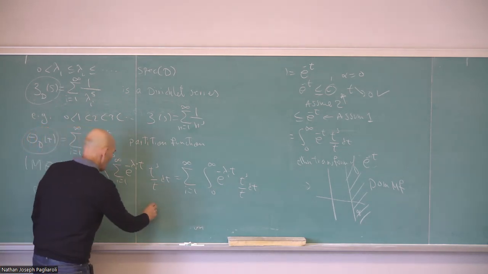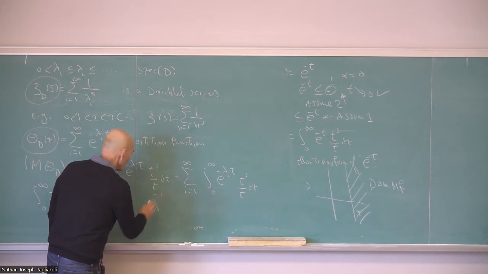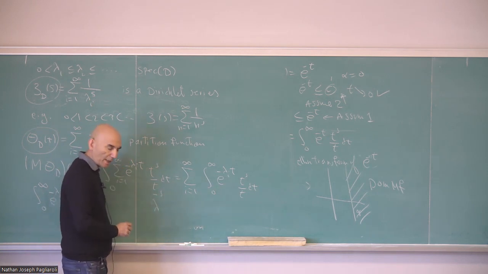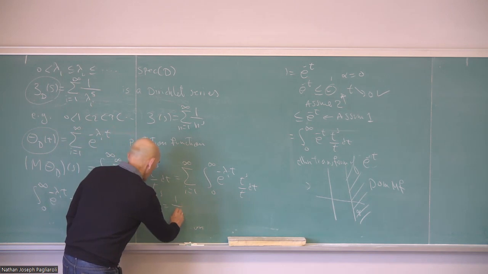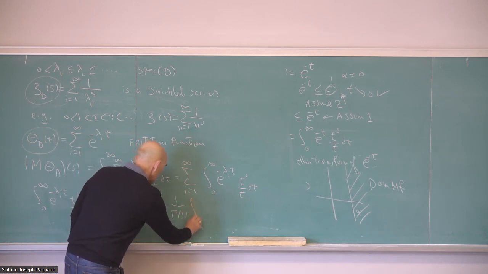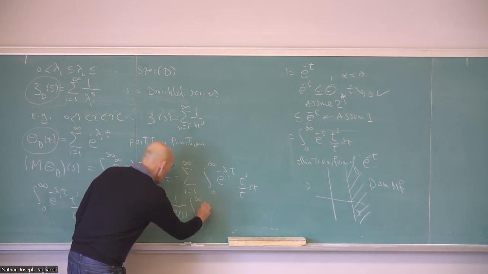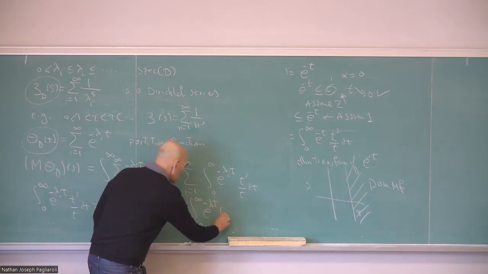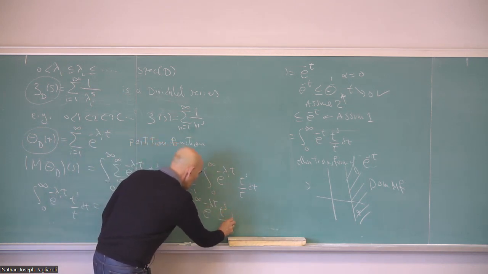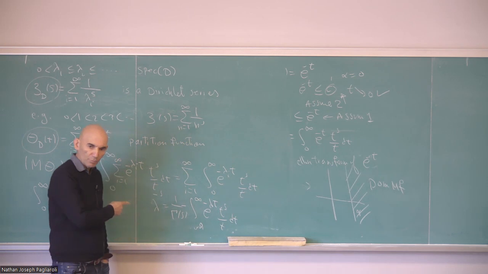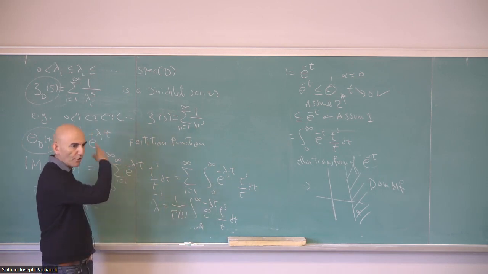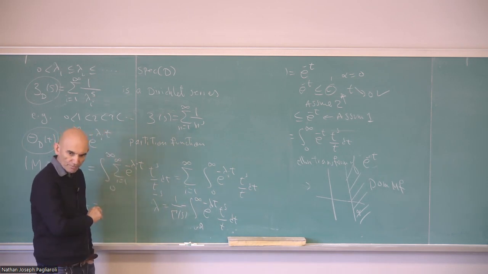Yeah, so what we did is I proved the following relation: lambda to the power minus s is equal to 1 over gamma of s, integral from 0 to infinity, e to the minus lambda t, t to the s over t dt. This I proved when I was deriving the functional equation for zeta.